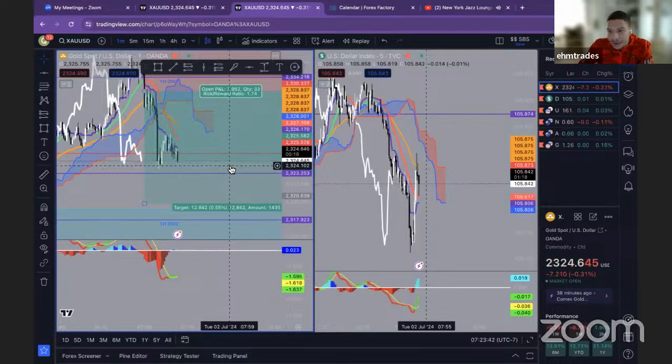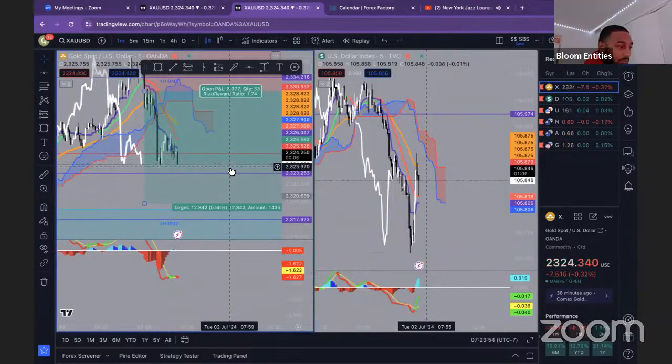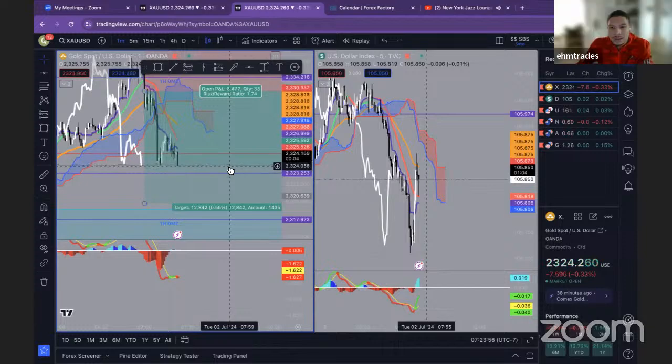I have one sitting right at 23.22. So I want to see price get down there, I want to see how it reacts from there, and then I'll wait for it to break that level.